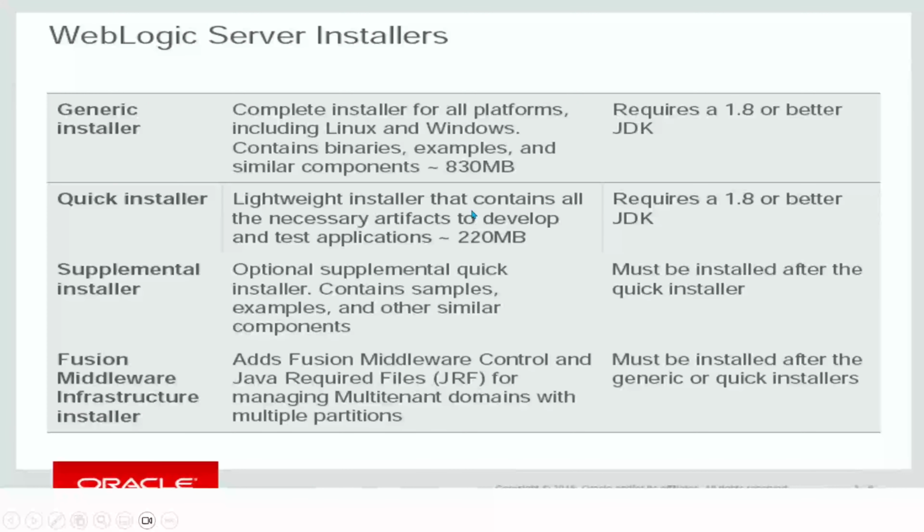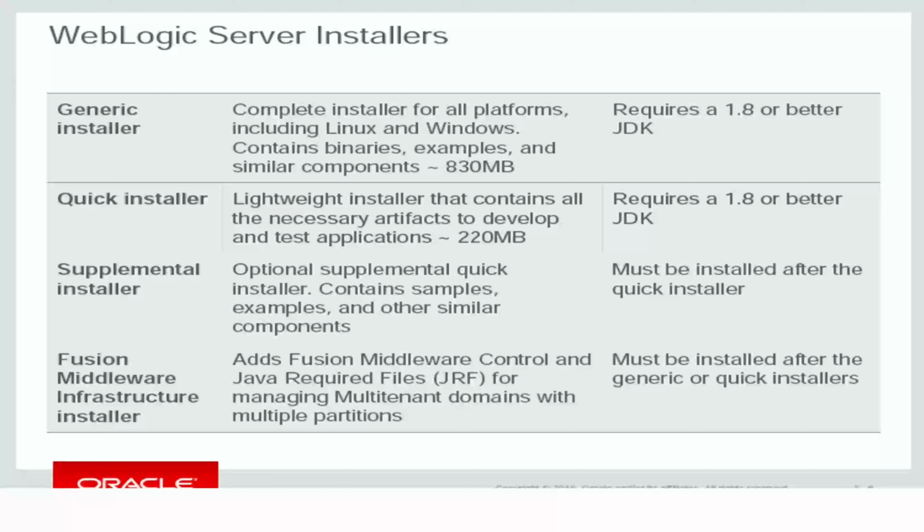So now let's talk about the WebLogic Server installers. WebLogic provides multiple installer types. First is the generic installer. The generic installer is a complete installer for all platforms, including Linux and Windows. It contains binaries, coherence, and samples files, and it supports both GUI and silent mode.